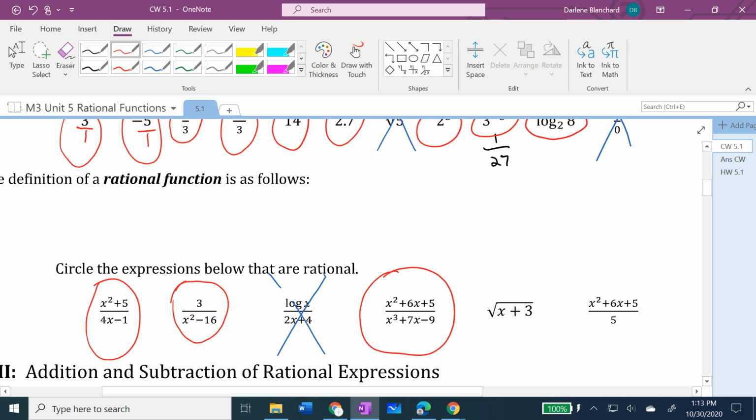And the next one, the square root of x plus 3. I see some heads shaking. Correct. It is not. And one last one. Rational, yes or no? Correct.